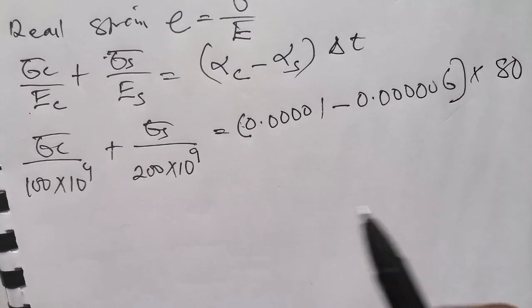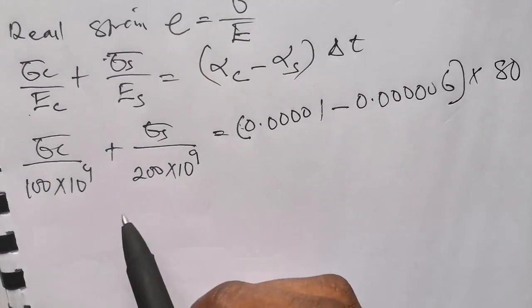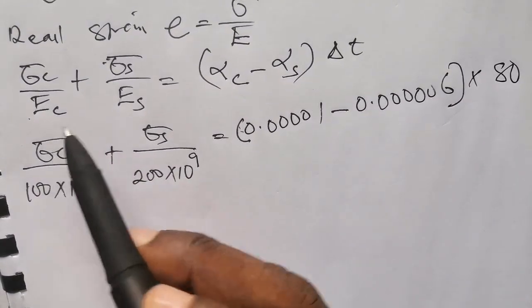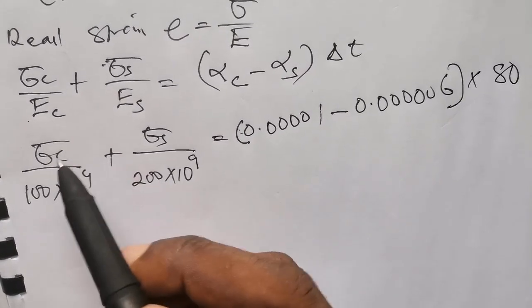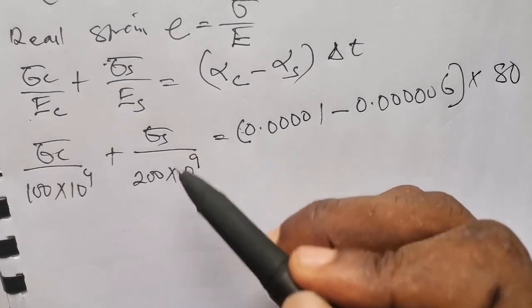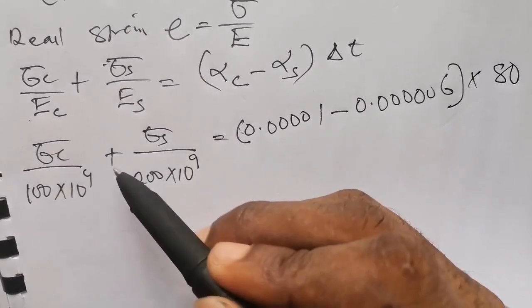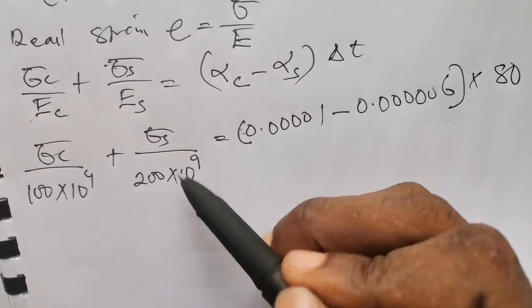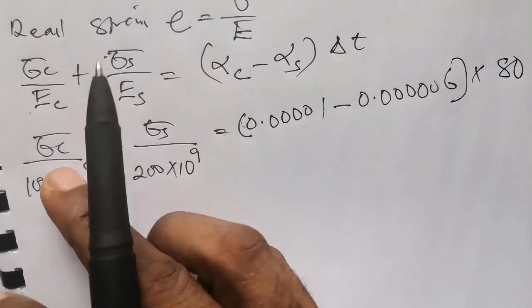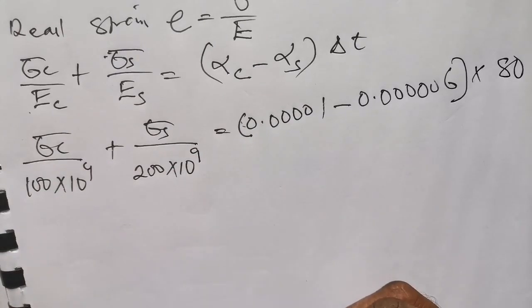Okay, so now we are going to take the inverse of these values. This is simply saying 1 over 100 by 10 to the power of 9 times sigma c, plus 1 divided by 200 by 10 to the power of 9 multiplied by sigma s. We're simply taking the inverse of these values so we can have a linear term.